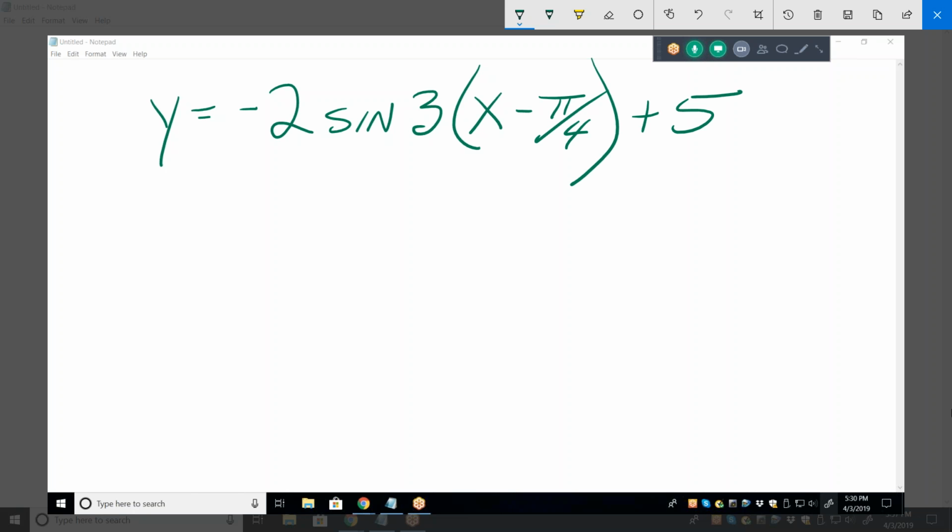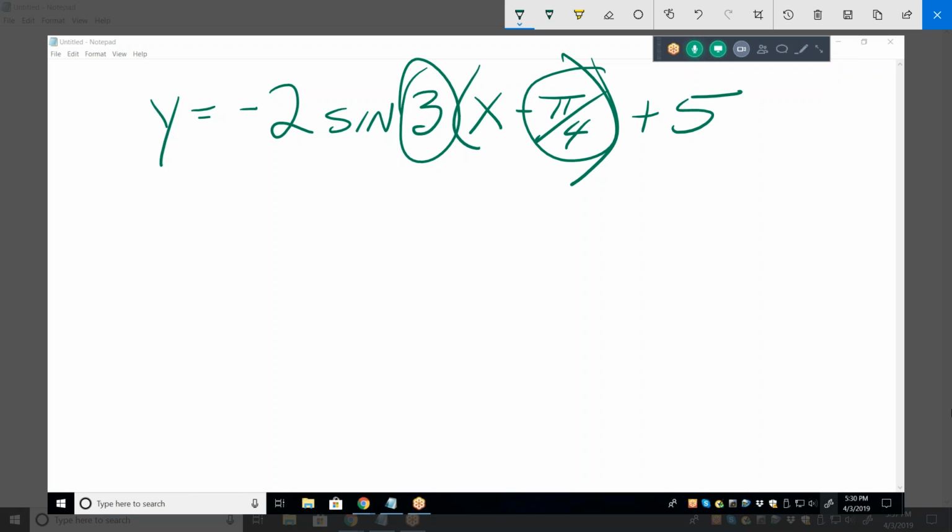There are 5 transformations. I won't do the 6th one because it kind of tends to confuse. Whenever you're doing a phase shift, it's best to figure out what your period is and start with the phase shift. So let's say I'm doing this one.